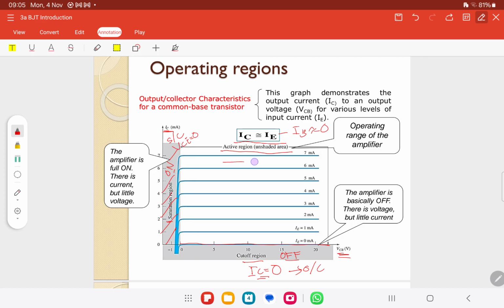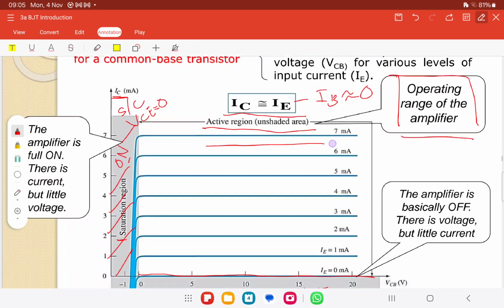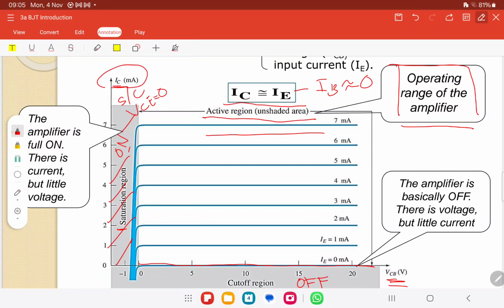Okay, and this is the operating region. Yang lain ni semua dia operating region. Okay, for active operating, this one dah tulis dah, operating range of the amplifier. Okay. Kat sini value of the IC, but then here dia tulis value of the IE at the respective line lah.